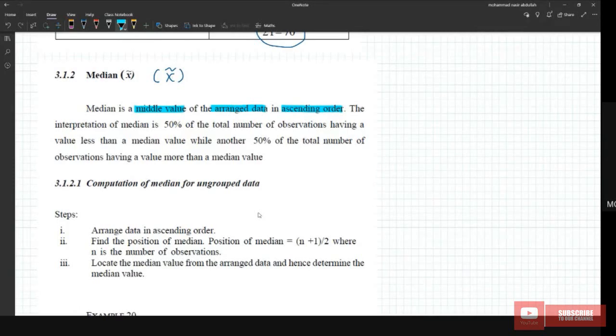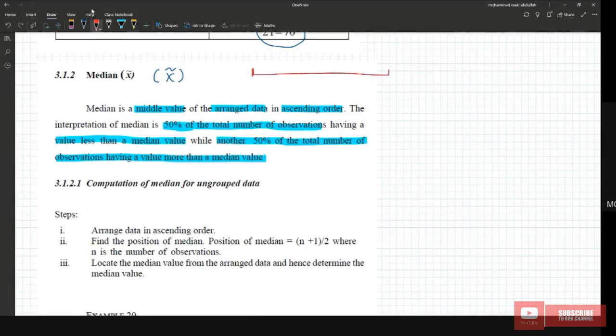So the interpretation of median is 50% of the total number of observations having value less than the median value, while another 50% of the total number of observations having value more than the median value. So let's say you have data from 0 to 100. The middle value of 0 to 100 is 50.